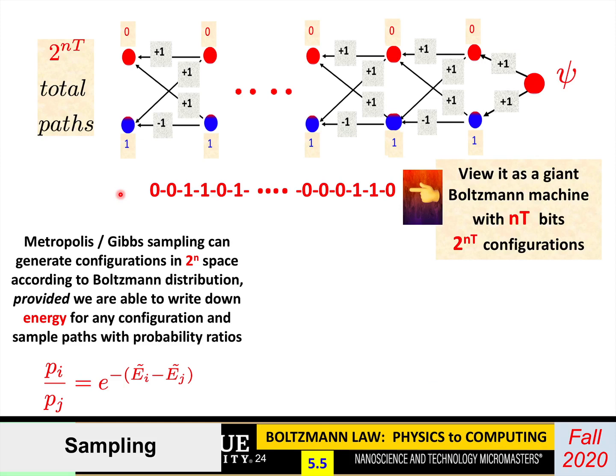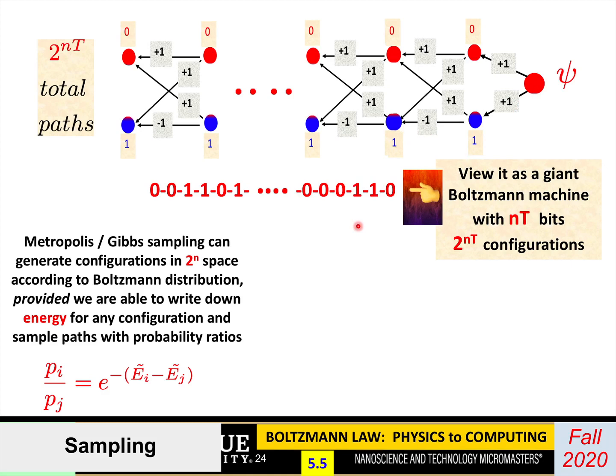Now, in this context, you could use the same sampling technique. The way you do it is, you look at this graph, the way you're going from 0 to 0 or 1, etc. And then consider a path, a path that goes 0, 1, 1, 0, etc., and view that path as the state of a giant Boltzmann machine.